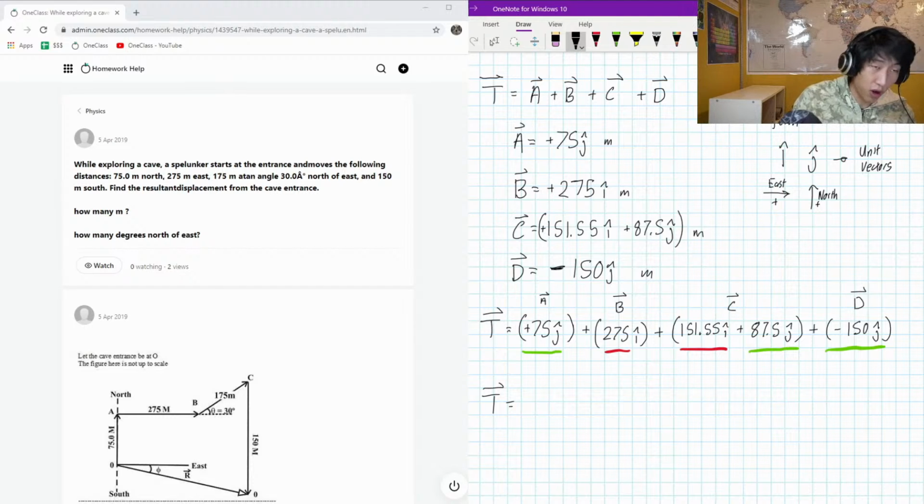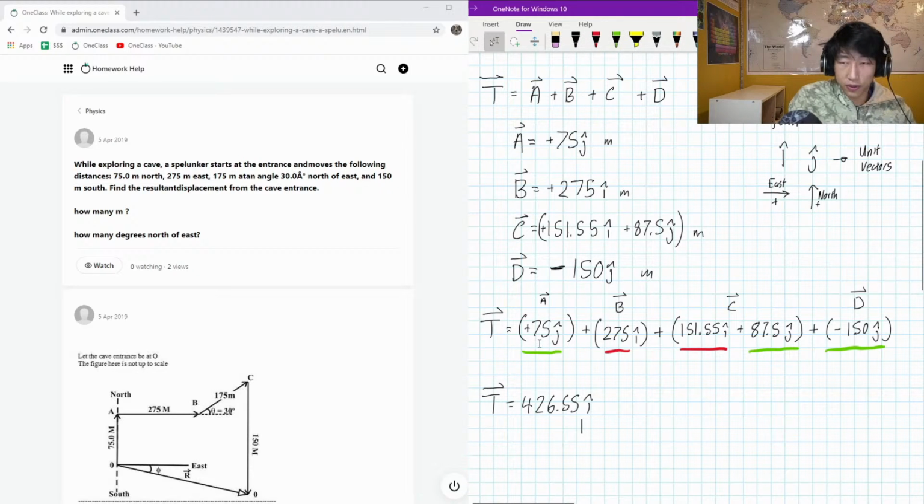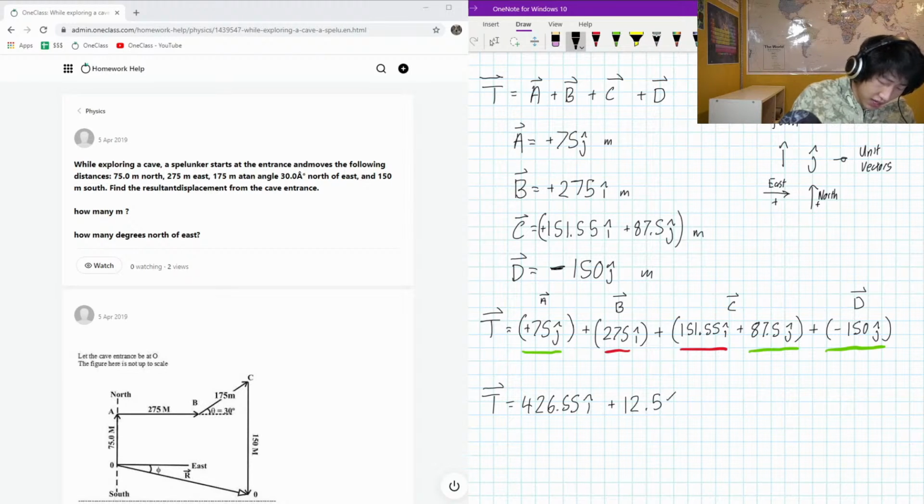Overall, that's 426.55I. And then for our J, we put all the green terms together. So we've got 75, that's a positive, plus 87.5, also a positive. But don't forget that negative, minus 150. So that is, as a result, positive 12.5J. Looks reasonable to me, and that is all in meters.